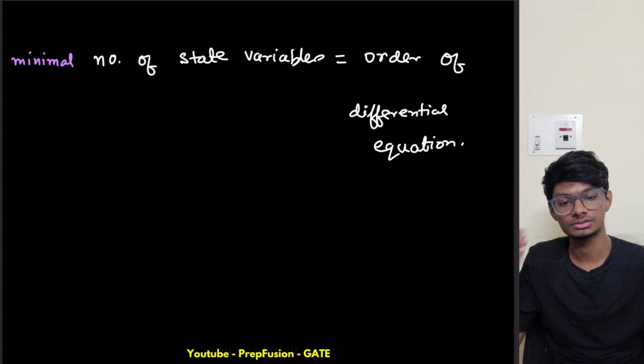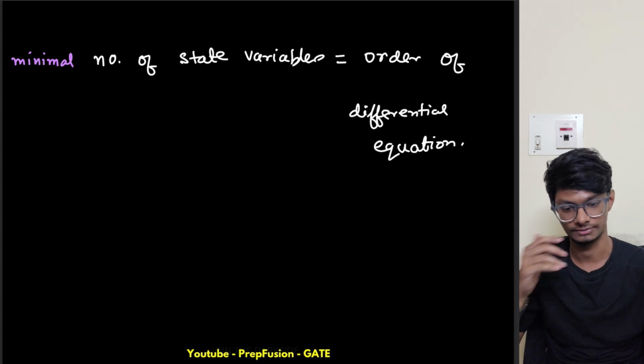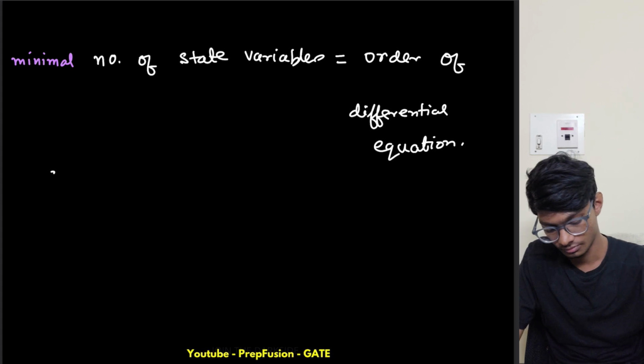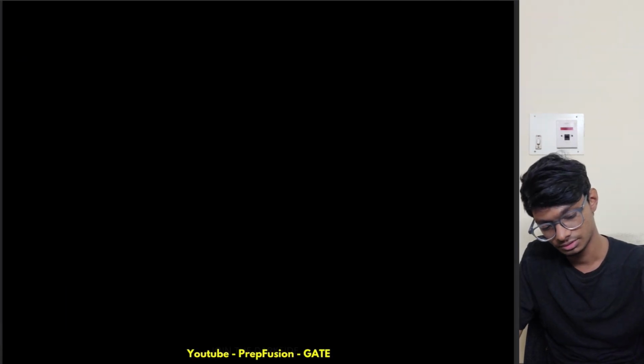Now our state equations will be first order differential equations. We have converted to first order differential equations. How? Let's see. We have picked our state variables, so now let's write the state equations.